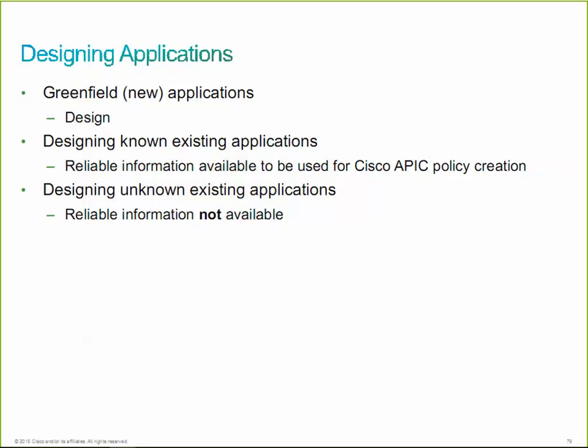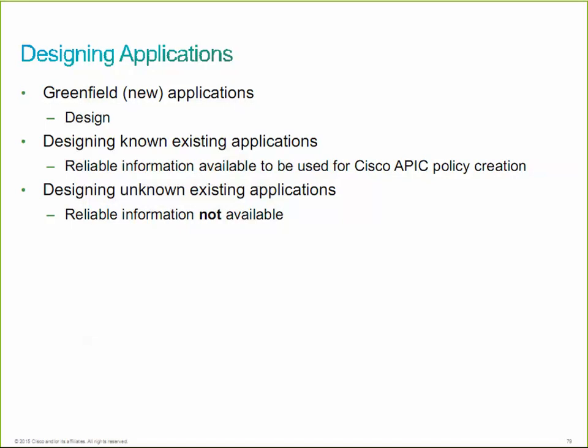Designing for known existing applications, of course, means that you have to understand what the existing parameters are, and we have to then map those existing parameters into our ACI profile parameters to make sure that it corresponds to what we're trying to accomplish with the APIC policy creation.